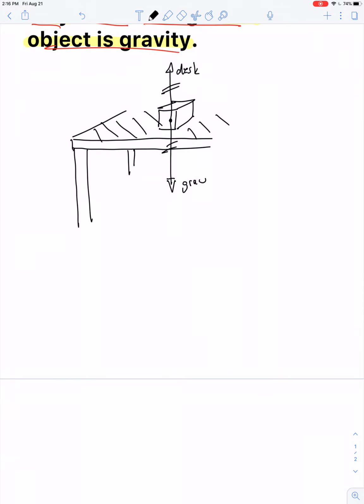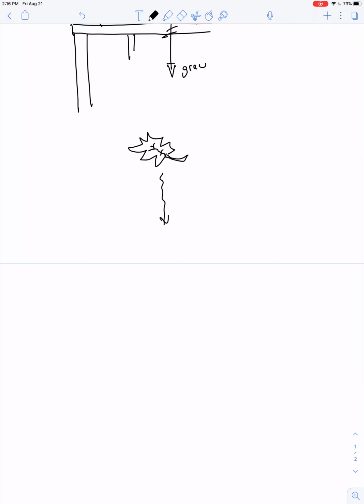If you drop something like a leaf, and you let that leaf fall toward the ground, then certainly the force of gravity is pulling downward on that leaf. There's an upward force. Now in this case, the upward force is not as big as the downward force, so they don't cancel each other out.